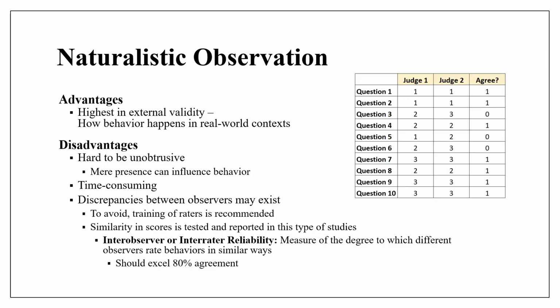Some of the disadvantages is that, again, with naturalistic observation, we want to have the researcher not be invasive when it comes to the context and the behavior as is naturally happening. But it can be really hard to achieve this. Again, if you are observing kids in the playground, to quantify through the coding scheme the amount of bullying that is happening.